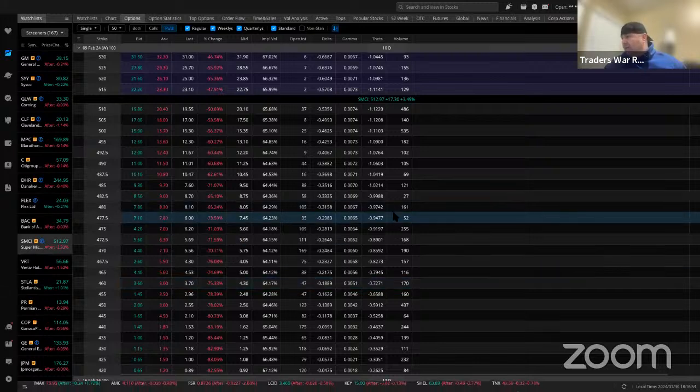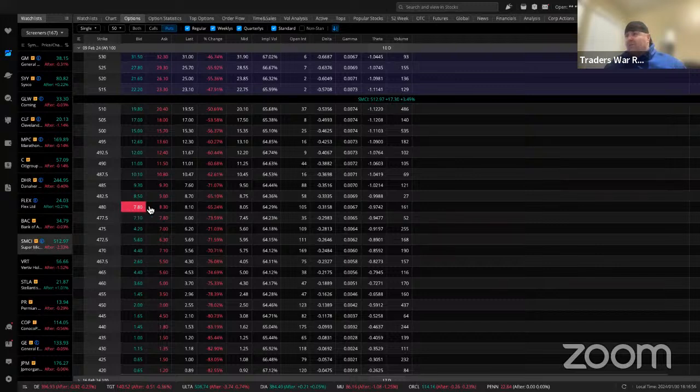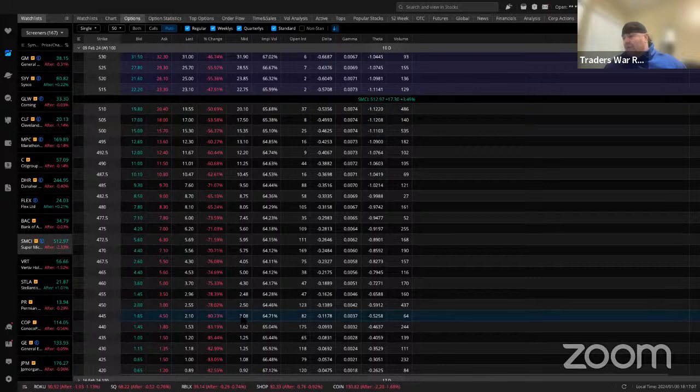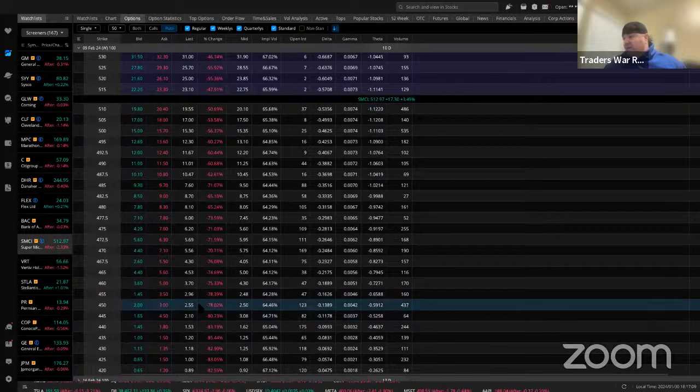This would be a big boy trade right here, but I wouldn't mind this one for a potential trade. If we were going to do a little bit less of a trade, I wouldn't go any further than this 450. Any further out of the money, I just would be way too cautious.